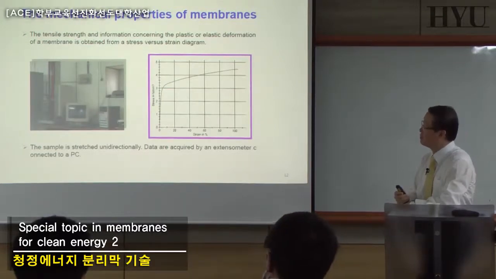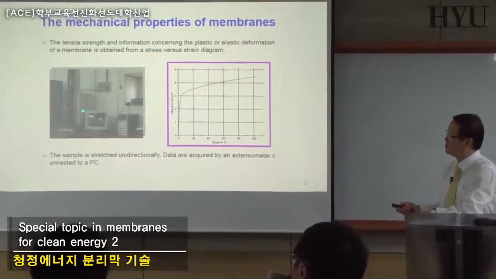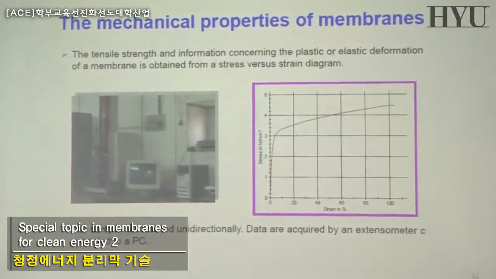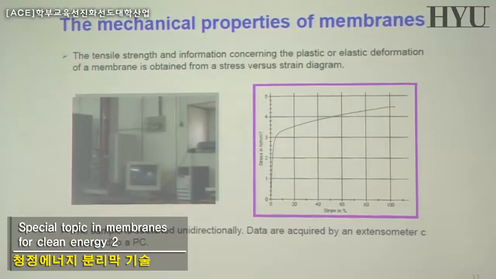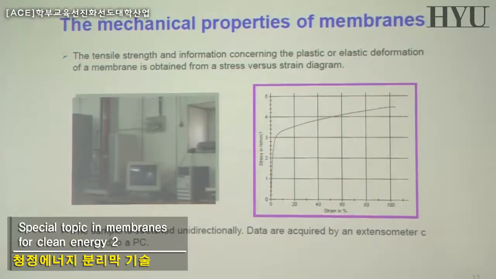A typical mechanical property measurement is the tensile strength measurement. You take the specimen and pull it in one direction, the axial direction, so that you apply a stress to the specimen, and of course the material or membrane will be stretched.